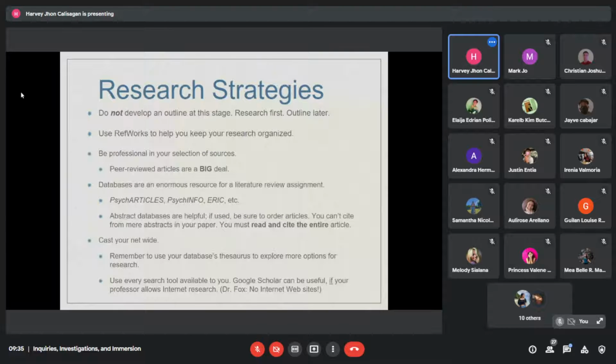Okay, cast your net wide. Remember to use your database's thesaurus to explore more options for research, and use every research tool available to you. Google Scholar can be useful as well. If your professor allows internet research, do it. So just don't forget to cite the author.